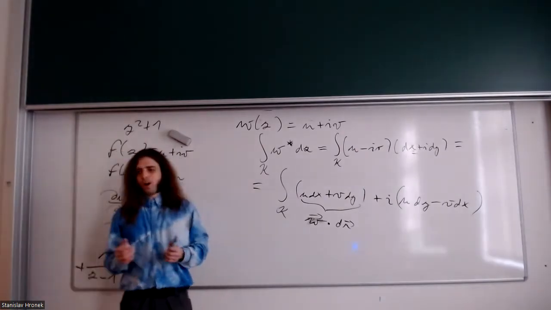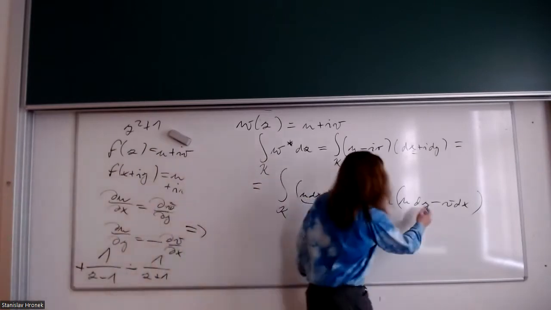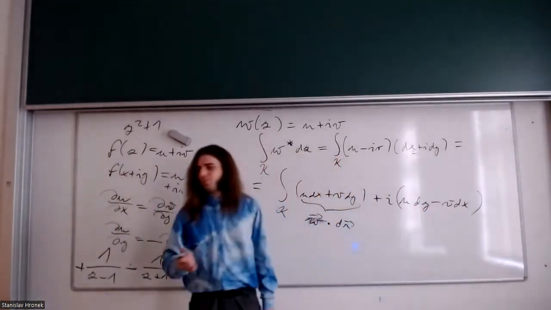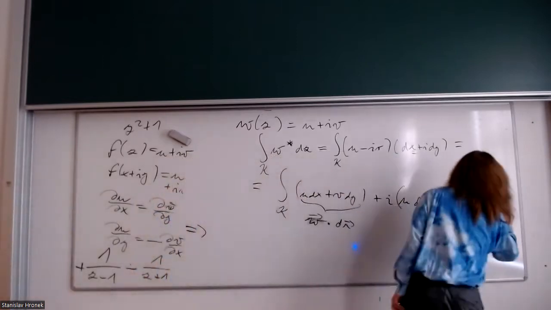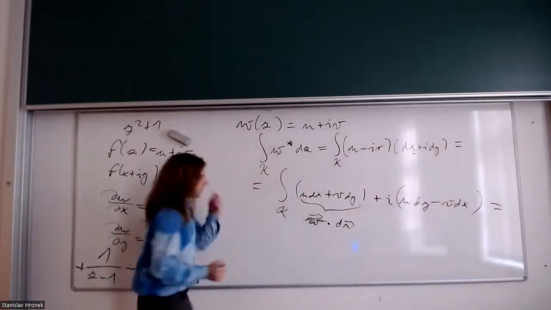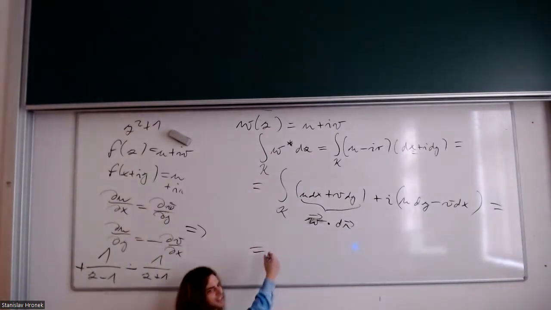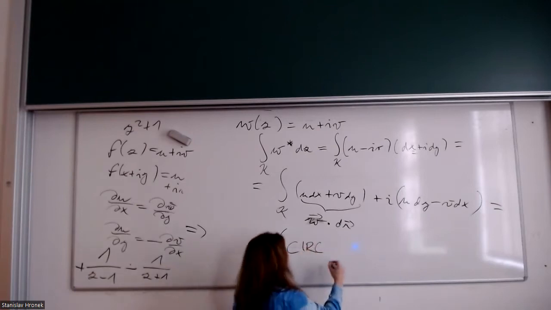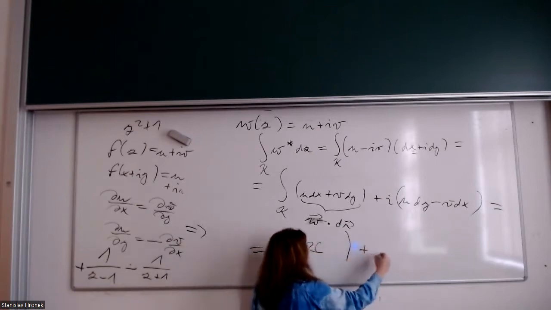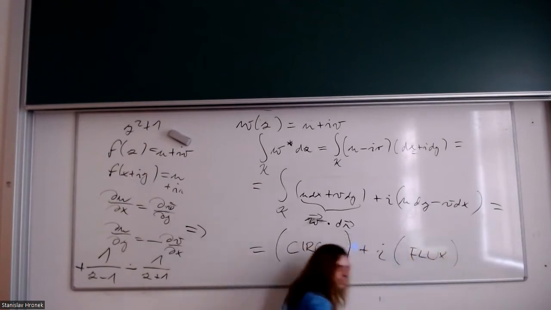So this will show how much is going through the curve. So this one, the imaginary part, will correspond to the flux through the curve. So we can see that this integral is just, as we have just said, the circulation plus i times the flux.